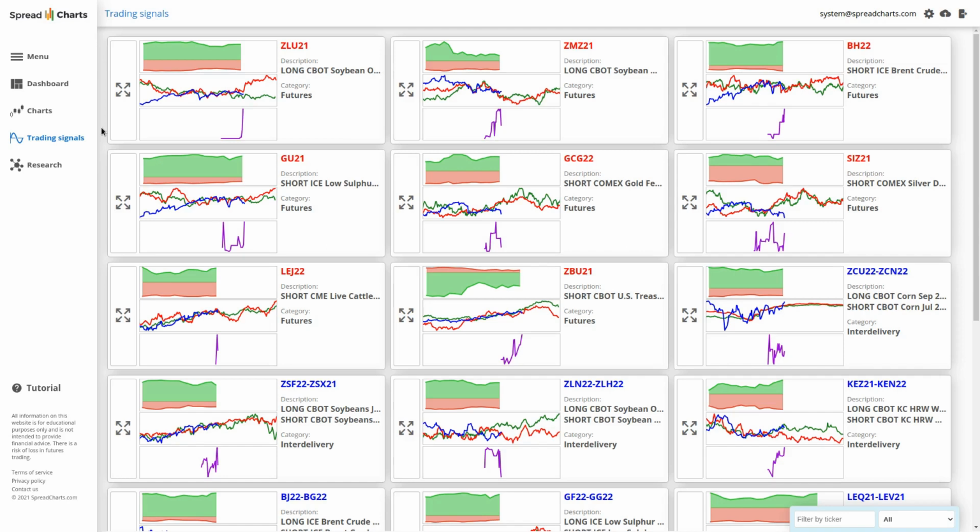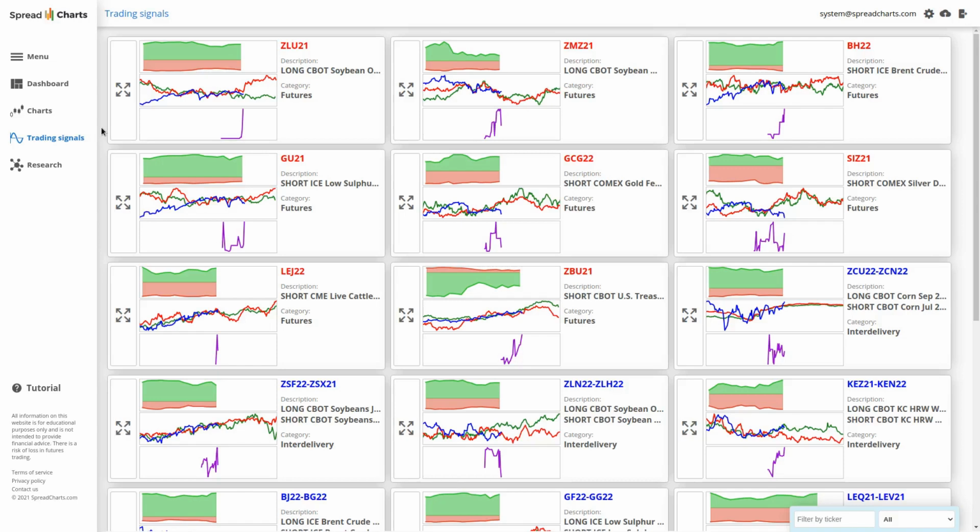And therefore, the signals are not a trading system. Their only purpose is to alert you that there is some potential emerging opportunity in the markets. But it is your responsibility to do a proper analysis.